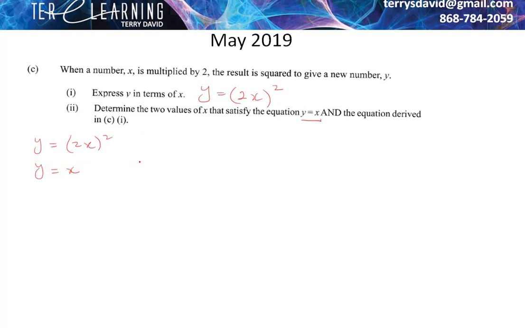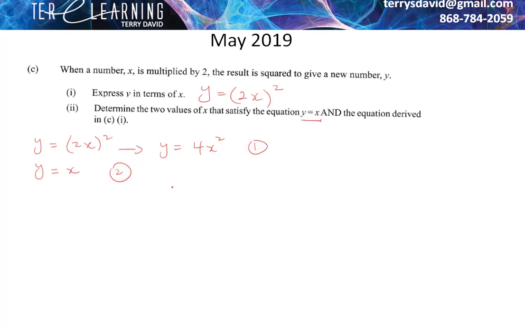So essentially what they are asking you to do is to solve a pair of simultaneous equations. So this first equation can be written as y is equal to 4x squared, right? When you square 2x all squared, you're going to get 4x squared. So this is my equation 1, and that is my equation 2.